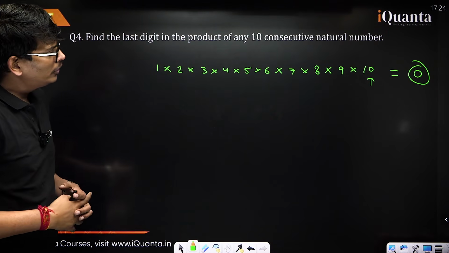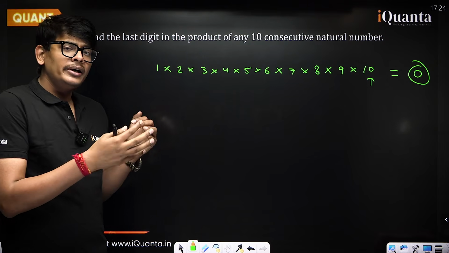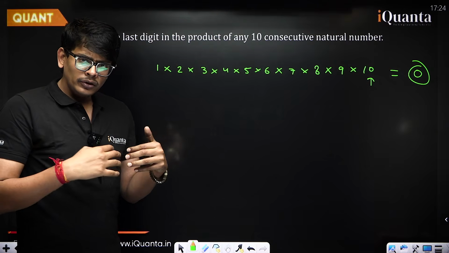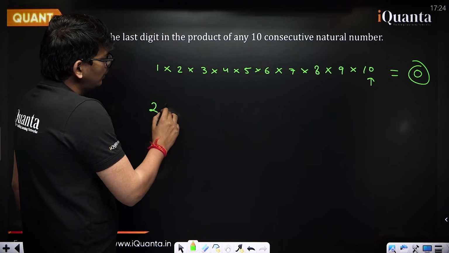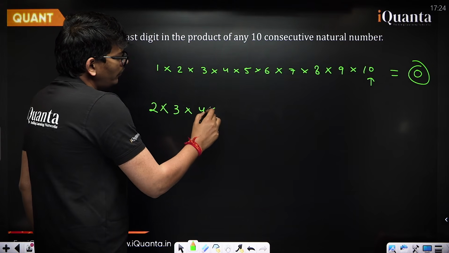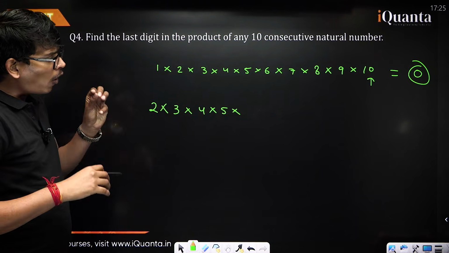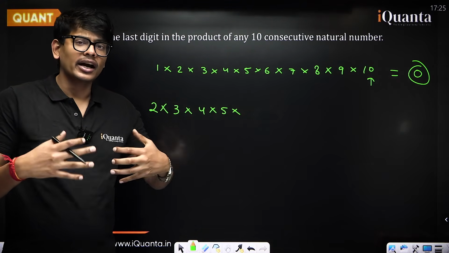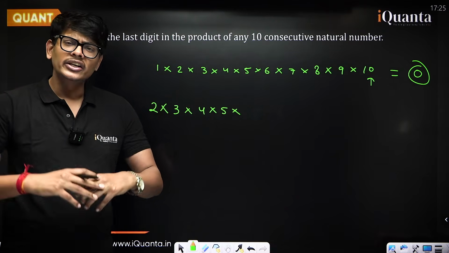Now, you will say, sir, the question says any 10 consecutive natural numbers, but you have taken the first 10. Guys, if you change the order also, if you start with 2, you will find 10 again in this sequence. So you will always find a number that ends with 0 in any 10 consecutive natural numbers. You can check any number.